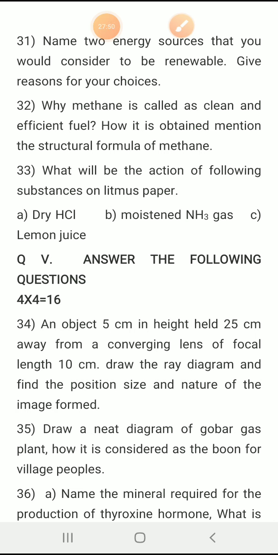So how it is considered as a boon for the village people, because you know that the village people, without any further cost from their cattle, get the cow dung.